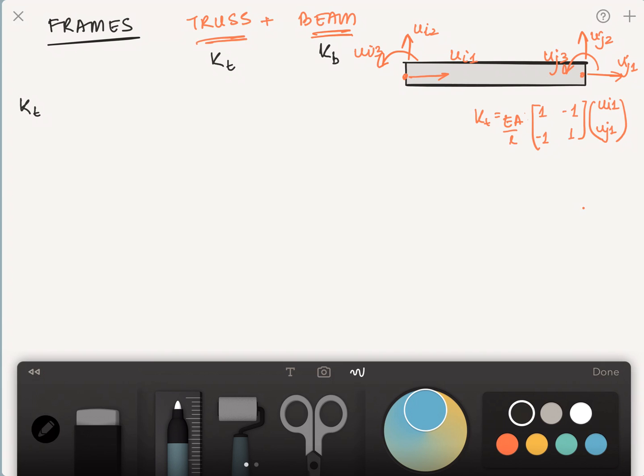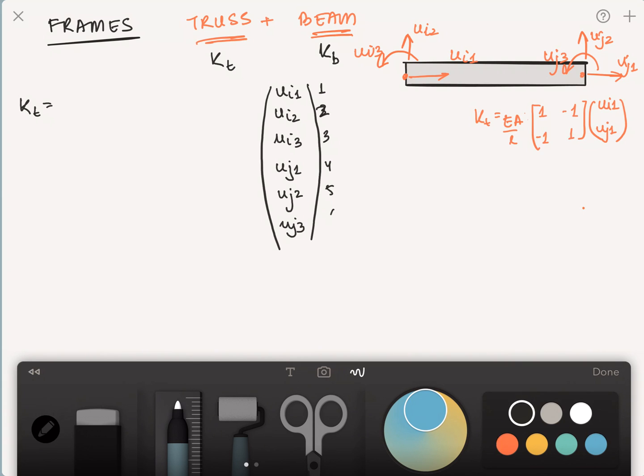Now if I'm going to expand this into a system for the KT where you have UI1, UI2, UI3, UJ1, UJ2 and UJ3, then I am looking at a 1, 2, 3, 4, 5, 6 degree of freedom system. So my stiffness matrix therefore has to be a 6 by 6 square stiffness matrix.